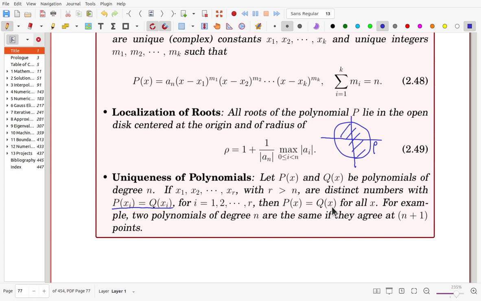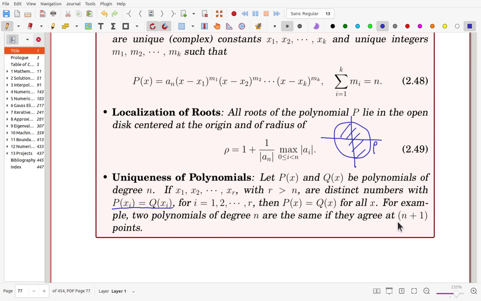Two polynomials that are the same for all points are identical. Particularly, when we choose n plus 1 points, so r is larger than n. In this special case of n plus 1 distinct points, once two polynomials are the same at n plus 1 distinct points, then they are identical.